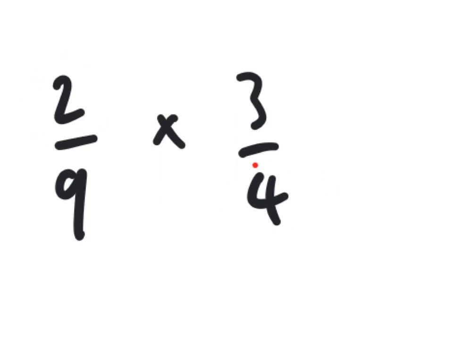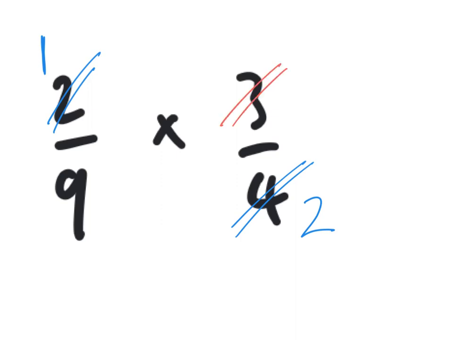2 and 4 are both divisible by a factor of 2. So if I divide the top by 2, I'm going to get a 1. And if I divide the bottom by 2, I'm going to get a 2. Examining the pair that's left, 3 and 9, I can divide both of those by 3.